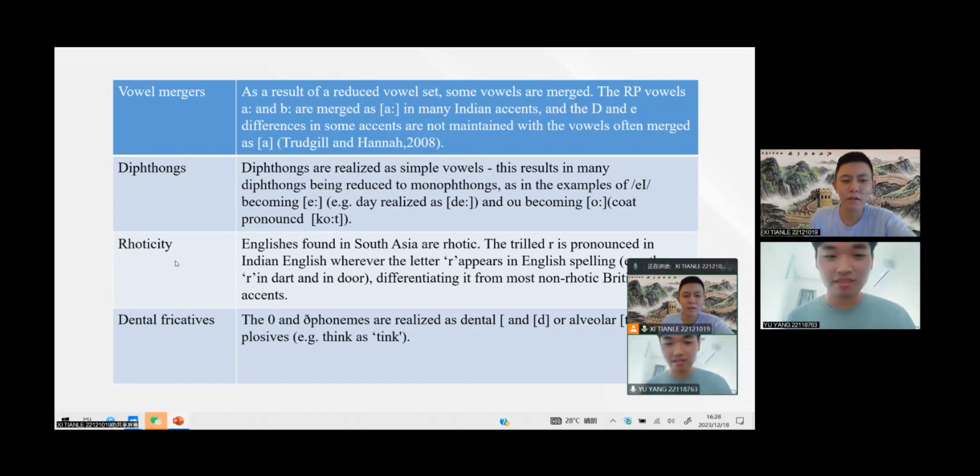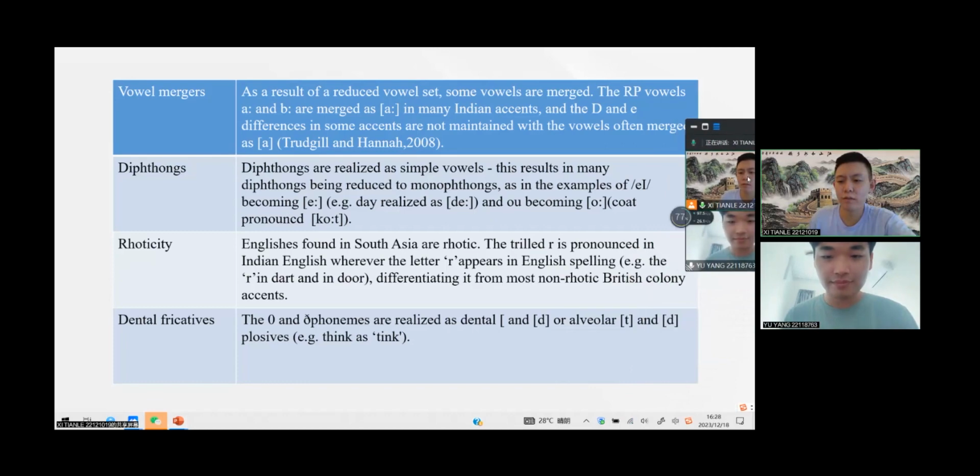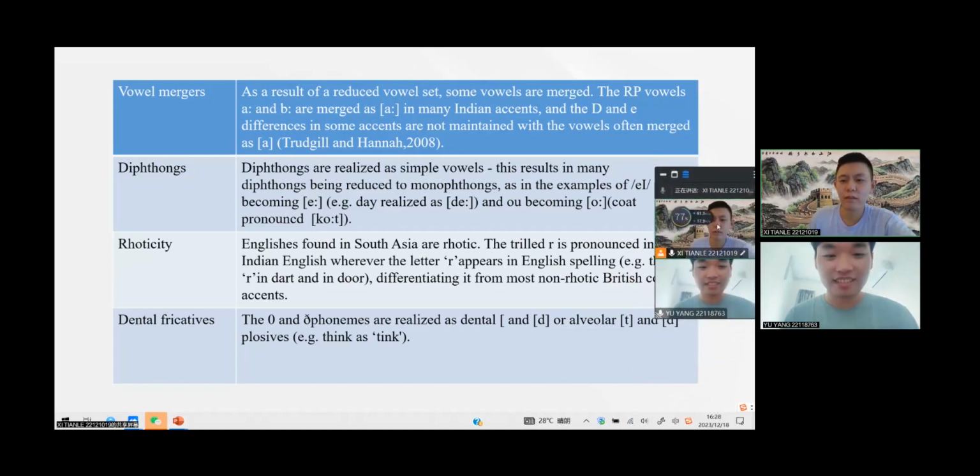It also discloses exotic dental fractals, as you can see on the screen.